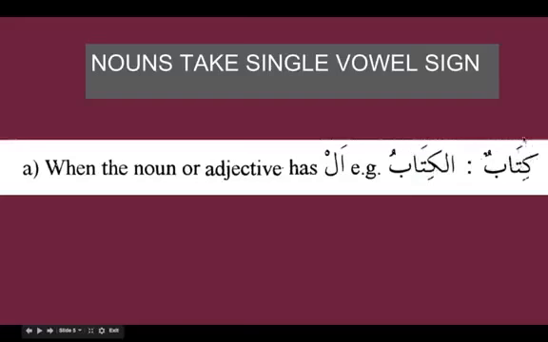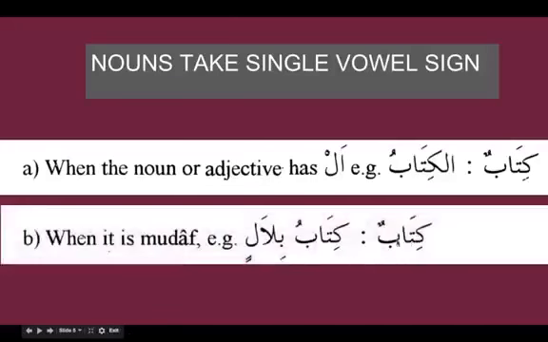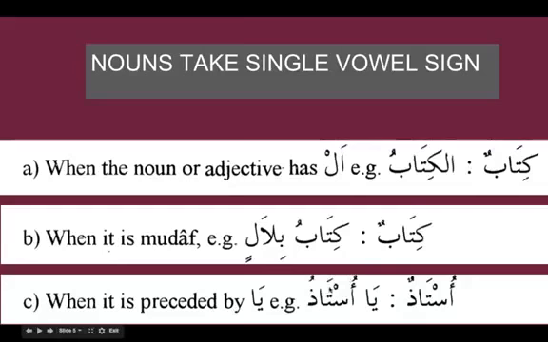Naturally it will have double dhamma, but because of al, that is lost and it becomes al kitabu. We also know that when it becomes mudaf, kitabun will become kitabu. So mudaf cannot take tanween, or al. And we also learned when there is a harf nida ya, the noun after it will always have a single dhamma. So ustazun will become ya ustazu. So these are the ways where a noun with double tanween takes a single dhamma.